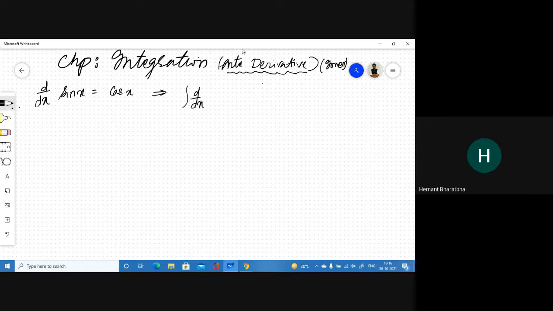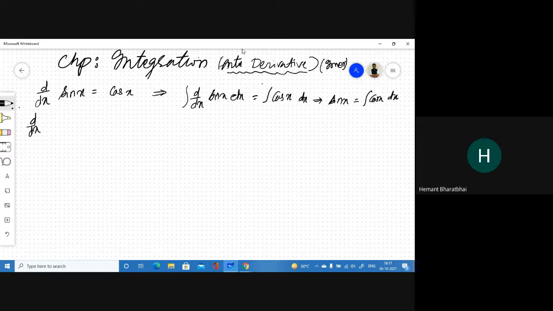The integration of d dx of sin x dx is equal to the integration of cos x dx. We just saw that derivative and integration will cancel out each other, so what will remain is only sin x. So I get sin x equals the integration of cos x dx. The integration of cos x is nothing but sin x. The derivative of sin is cos, so the integration of cos is sin. As simple as that.